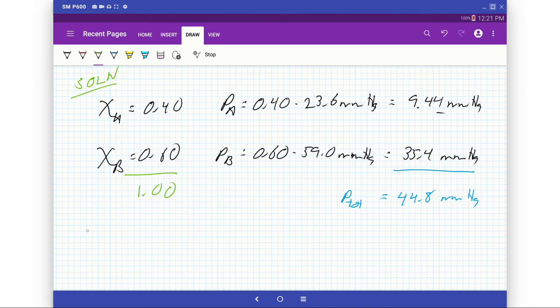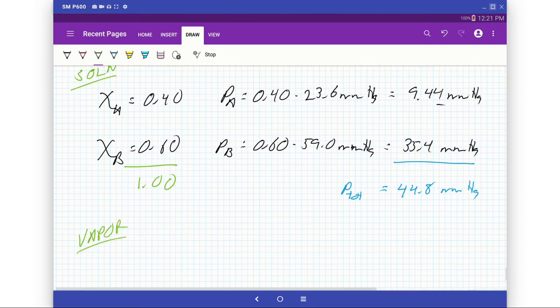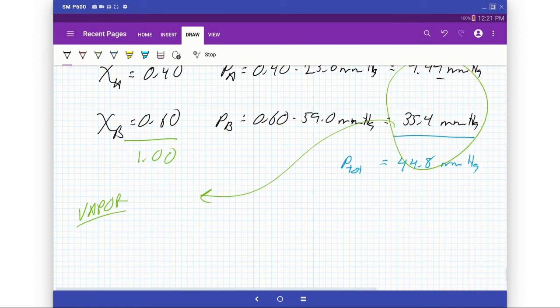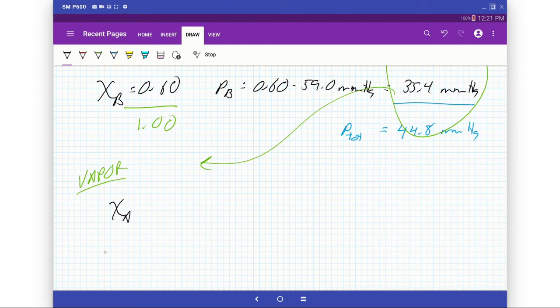In the vapor, we are going to take the vapor data down here and now calculate the partial pressure of A and the partial pressure of B. For A, it is 9.44, which, I want to point out, we already kind of just mentioned this before, while it is mole fraction, we already looked at mole fraction in relation to volume, and so volume ratio and mole ratio are the same thing.